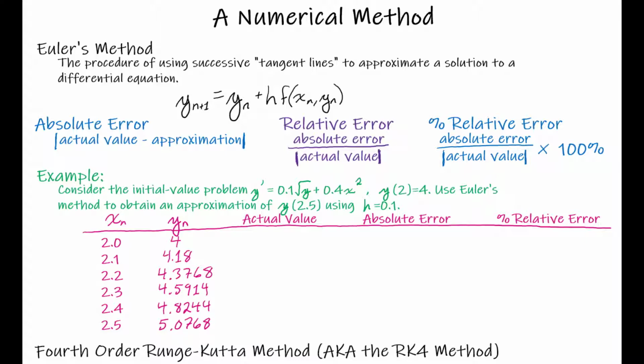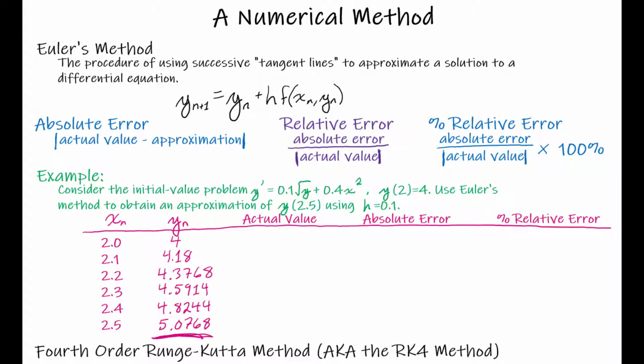If I wanted to, I could plot these points on a graph and sketch the curve through them, and that would be an approximation of what the solution curve would look like between x equals 2.0 and x equals 2.5. So my approximation of y of 2.5 is going to be 5.0768.